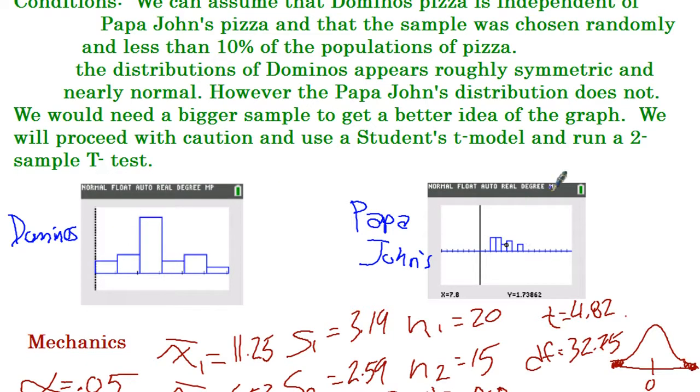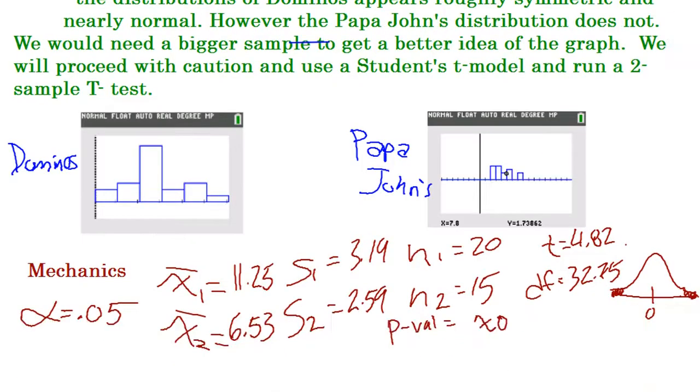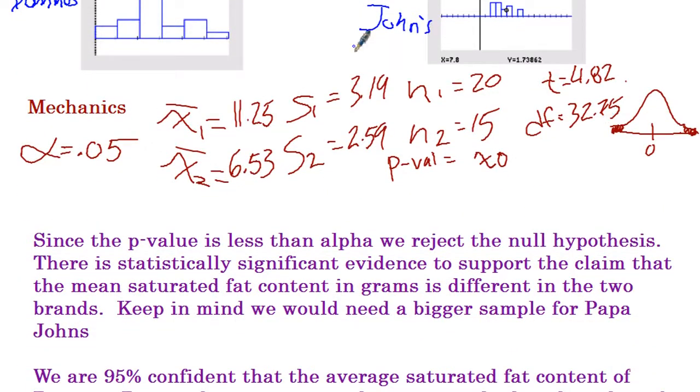However, the Papa John's histogram didn't really look very symmetric, so I did note that in the conditions here. It just says Papa John's distribution does not. So anytime the distribution is kind of yucky, it basically just means we need a bigger sample to get an idea of the graph. But again, just proceed with caution. And then the rest of it's pretty straightforward.